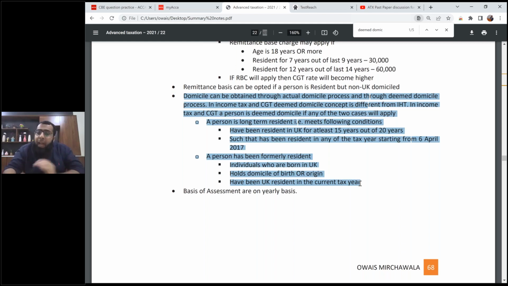In IHT, for formerly resident, we look at the residence status of the previous 2 years. In income tax and CGT, there is only the requirement for current year residency. So the concept is in both of the topics. Okay, that was what I was telling her. Sir, IHT domicile and CGT difference. Yes, I'm telling you that the deemed domicile concept is in IHT, and it is in CGT and income tax also.